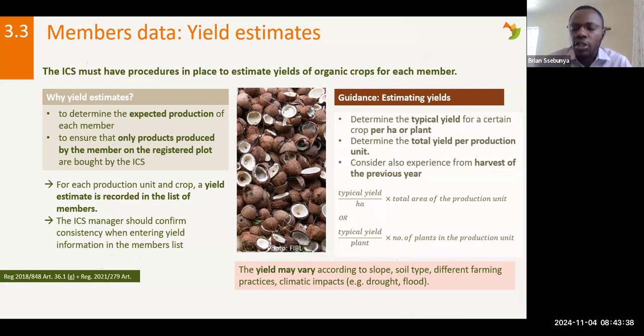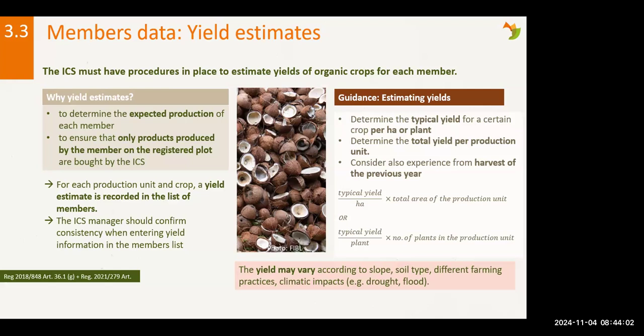To get the total production, we take the 5 tons per hectare times the number of hectares, which is 3. And the total will be 15 tons. Okay. It's the same thing in the one below: yield per plant, times the number of plants.